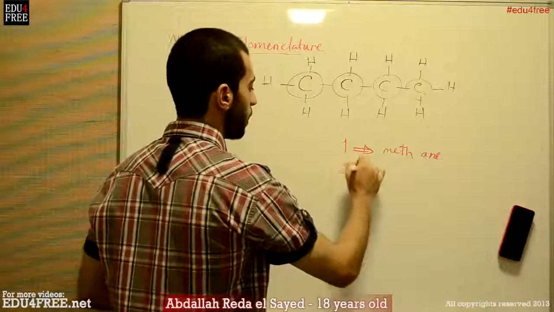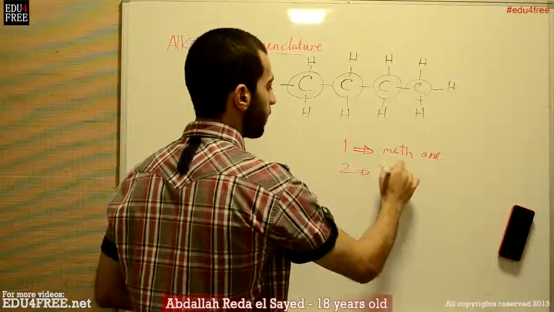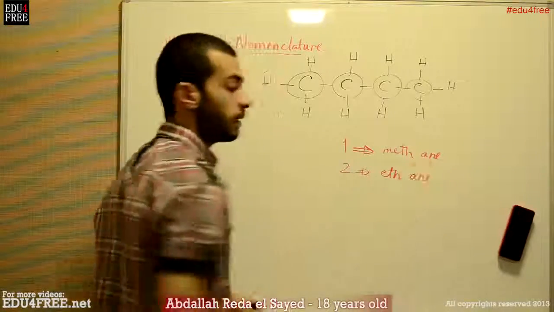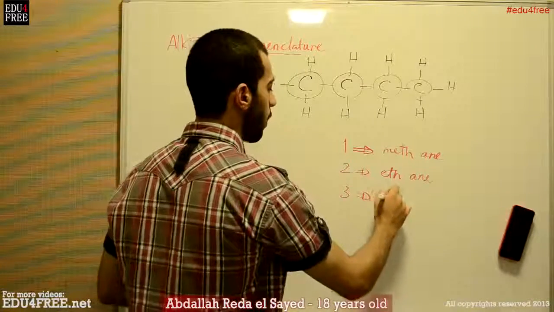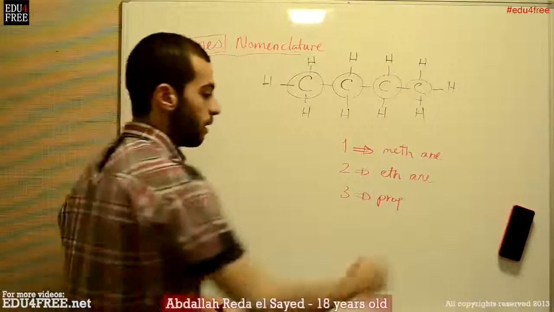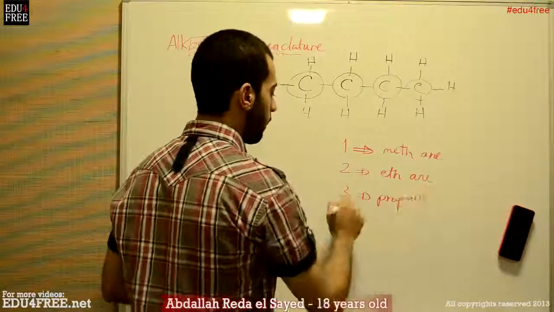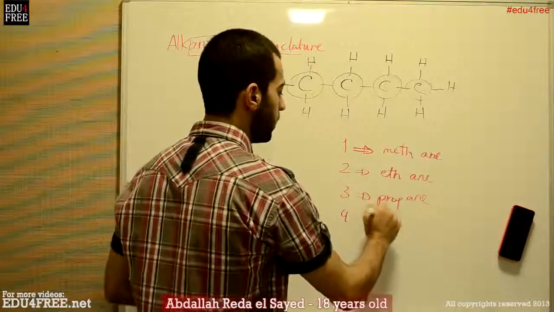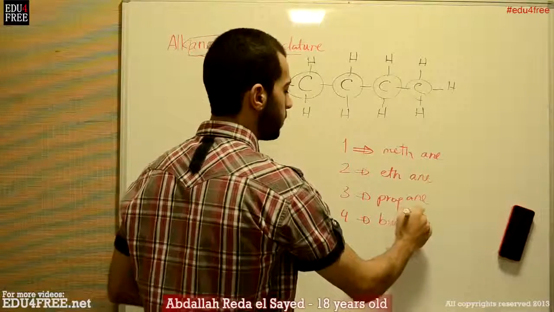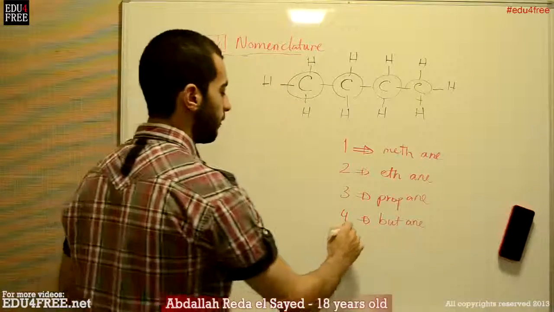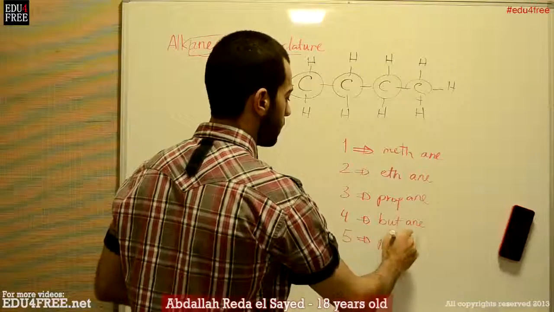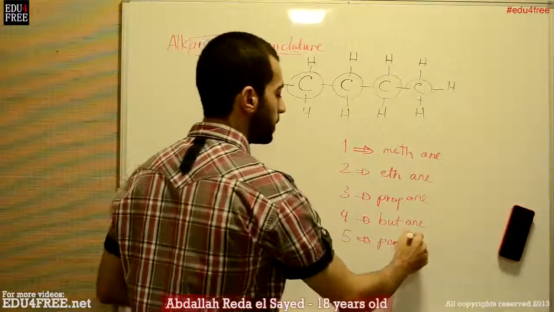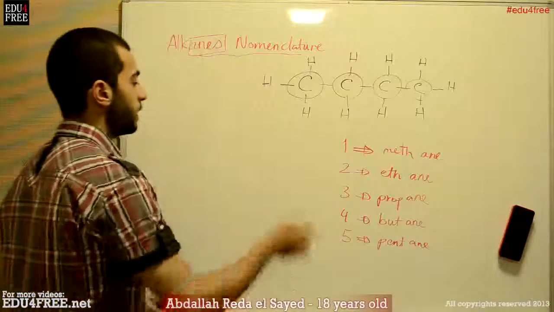The 2 carbons is eth, so it's ethane. 3 is prop, so it's propane. 4 is but, so it's butane. And 5 is pent, so pentane.